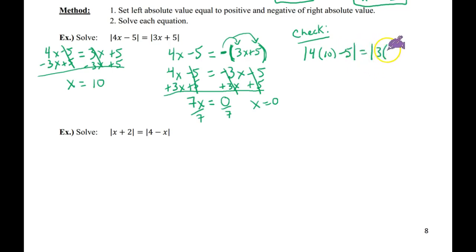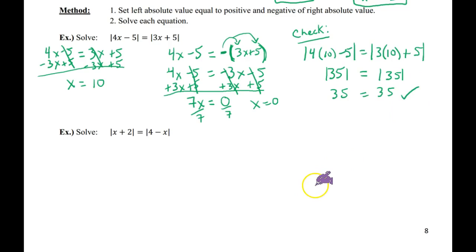On the left-hand side, I have 40 minus 5, which would be 35. When I take the absolute value of 35, I get 35. Over here, I have 30 plus 5, again 35, and the absolute value of 35 is 35.